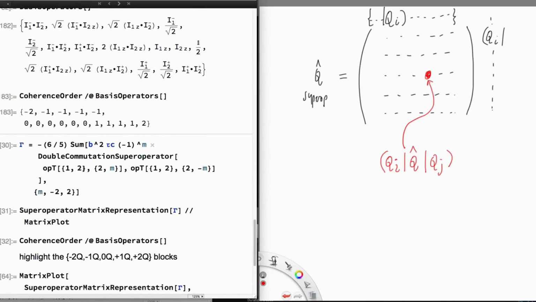And now I write down the relaxation superoperator, gamma. Now this theory is going to be covered later on this week. But in this case, this is actually the relaxation superoperator for a molecule containing 2 spins a half, which is randomly tumbling in a liquid.